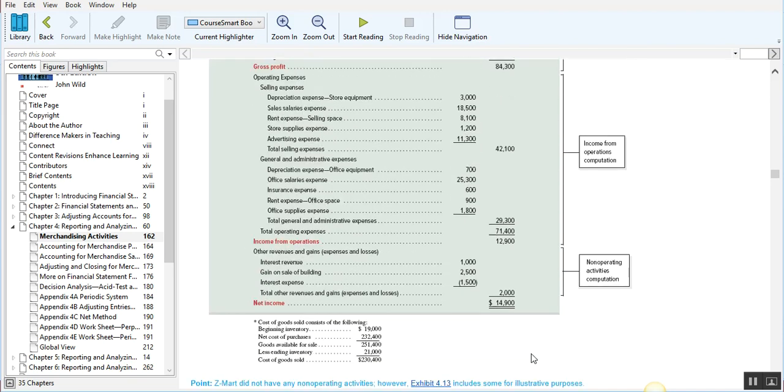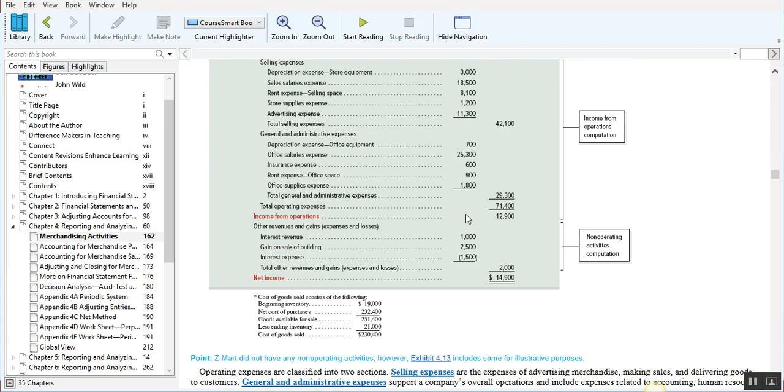Then they'll identify an income from operations number. And then from that, they will either add or subtract other items here. In this case, they have interest income, a gain on the sale of a building, and some interest expense. So those items are going to be shown here. Then you arrive at final net income.